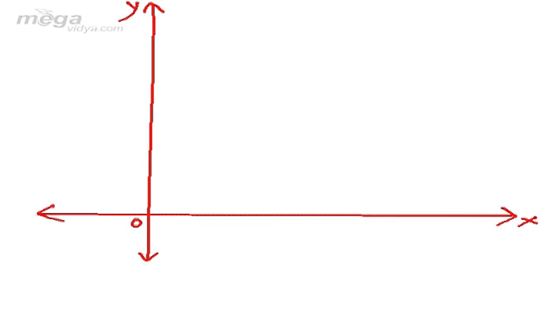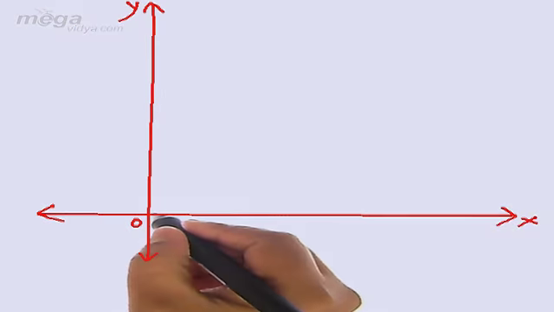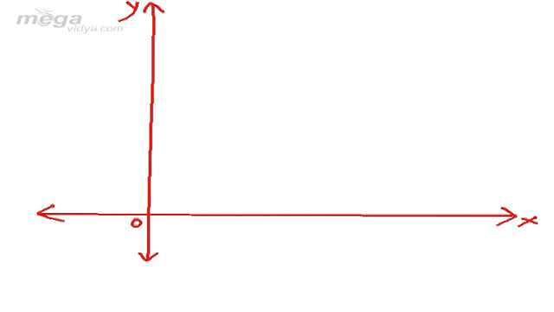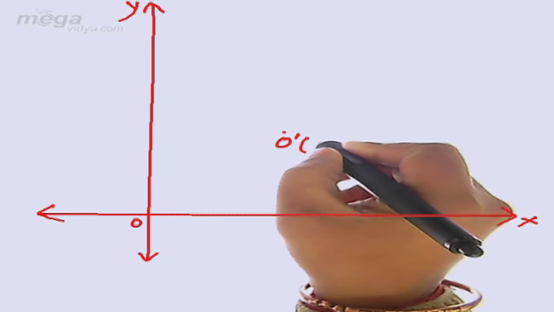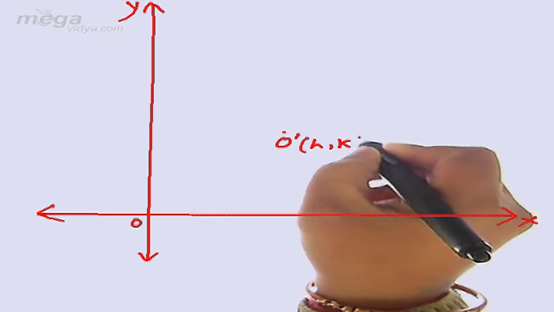Suppose these are the original x-axis and y-axis intersecting each other at the origin, that is 0, 0. Now when this 0, 0 is shifted to any other point, suppose this is O dash whose coordinate is h, k.